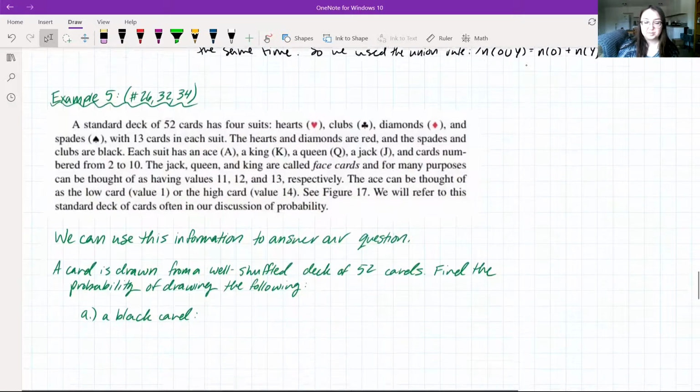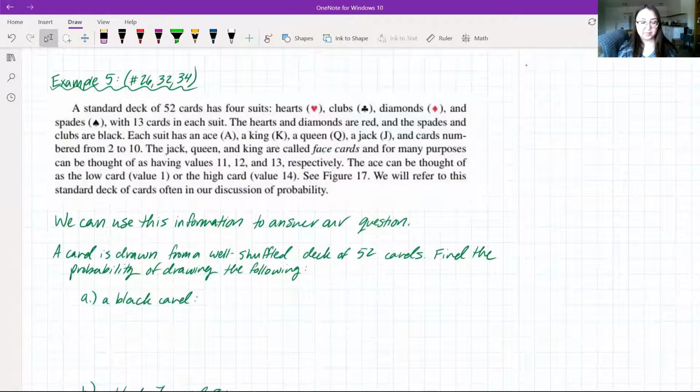All right, so moving on to another example here, we have just a little blurb here about standard decks of cards. Example 5 is also going to be numbers 26, 32, and 34 in your book. Our blurb states that a standard deck of 52 cards has 4 suits: hearts, clubs, diamonds, and spades, with 13 cards in each suit. The hearts and the diamonds are red, the spades and the clubs are black.